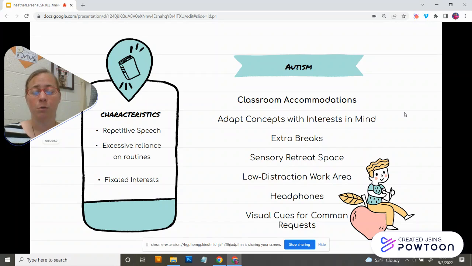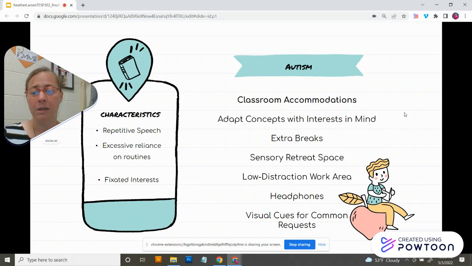from home to school. Autism is a wide range, there's a wide spectrum there. They could be high functioning, low functioning. They could be someone who has a very good vocabulary, and others who are non-speaking. So really understanding what level that child is with autism is vital to start preparing and customizing strategies around their learning. You might see repetitive speech, excessive reliance on routines.